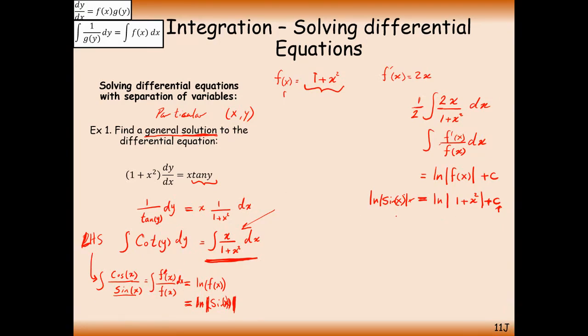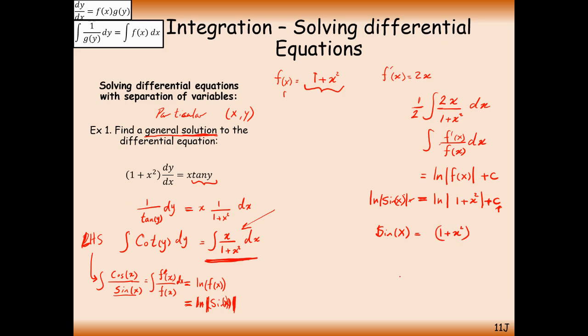What can we do? We can take the anti-logarithm here and use e. That means that when you raise e to the power, we can drop the logarithms and write sine of x equals 1 plus x squared.